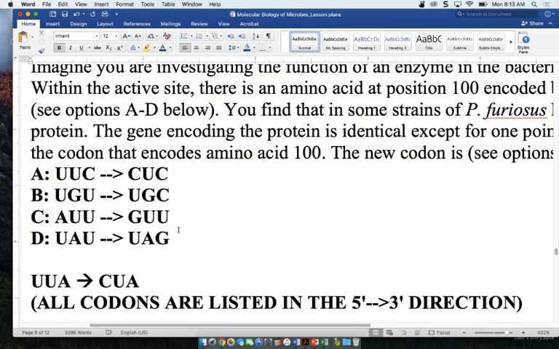UV, on the other hand, creates thymine dimers. These are cases in which we have two thymine nucleotides next to each other in a DNA sequence. And what happens is a covalent bond gets formed between those nitrogenous bases.